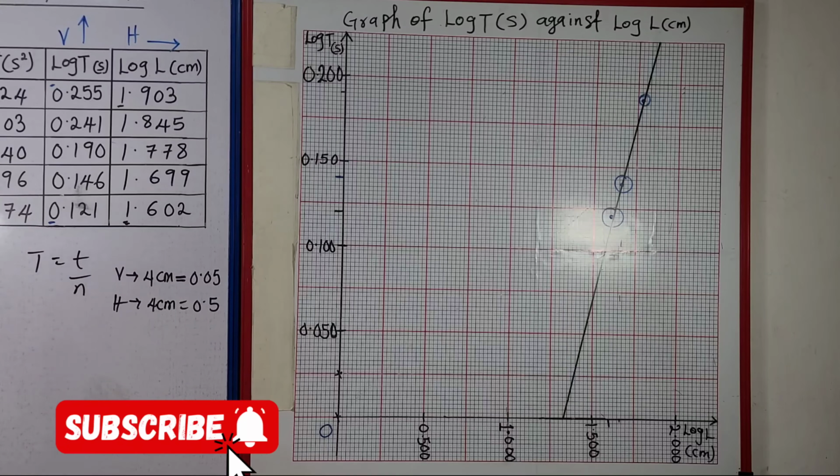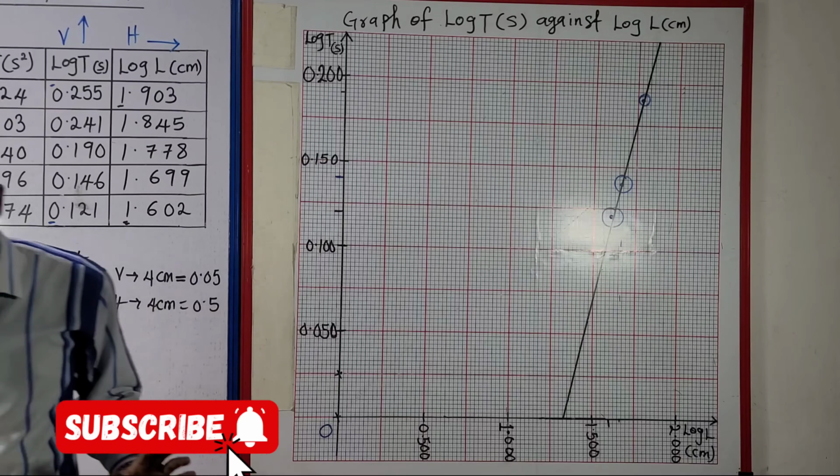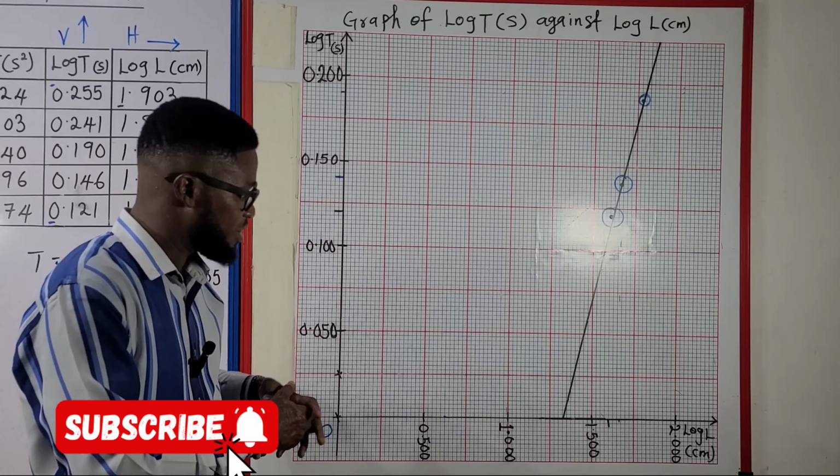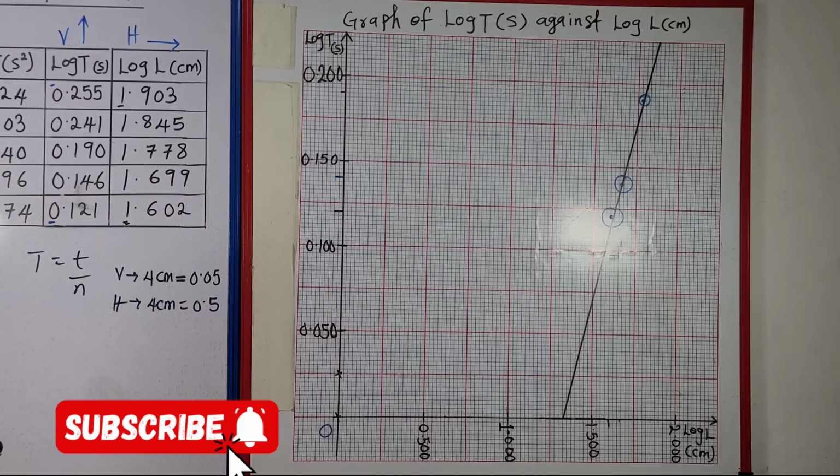As you can see in the question, we were told to determine the slope S and the intercept C on the vertical axis. In this particular question, I do not think we have any intercept on the vertical axis. No, we don't have any intercept on the vertical axis here based on this question.